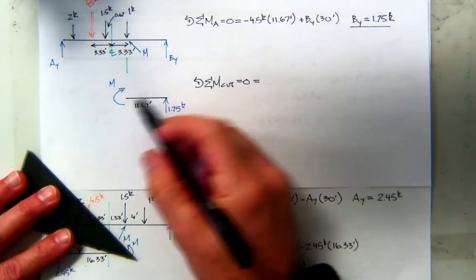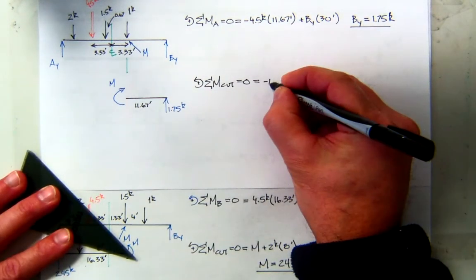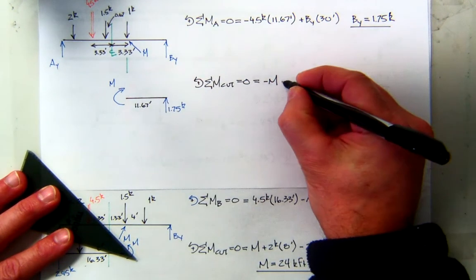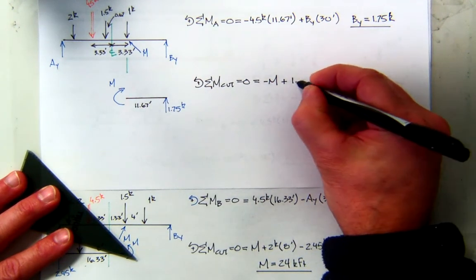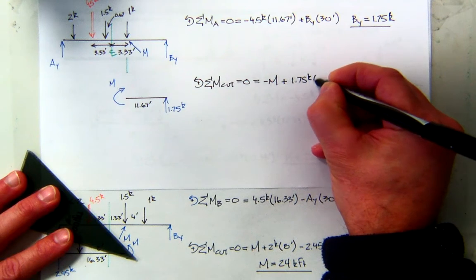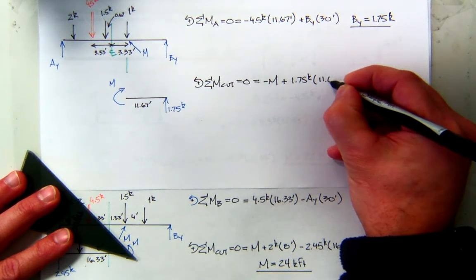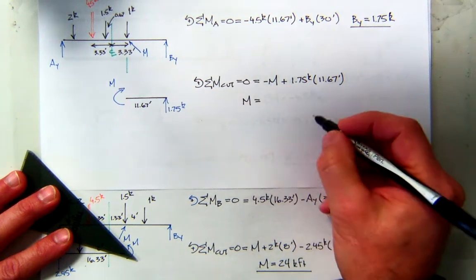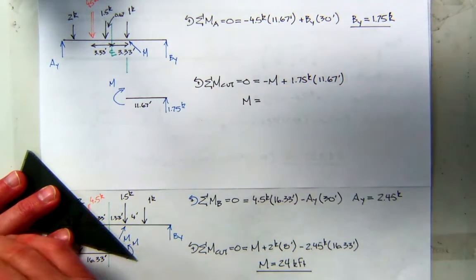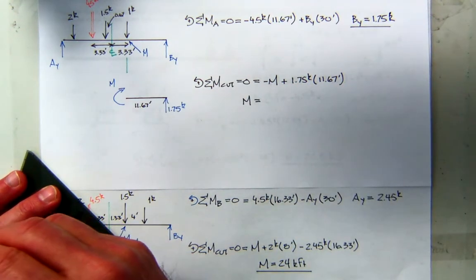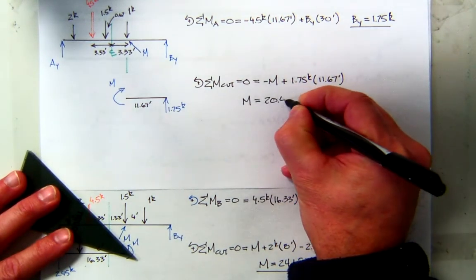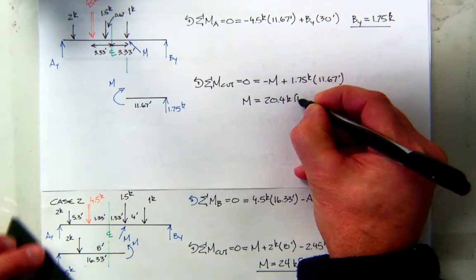With right-hand rule, this moment is negative, and about the cut, the reaction creates positive moment. The force is 1.75 kips and the moment arm is 11.67 feet. So it looks like the moment is equal to 20.4 kip feet.